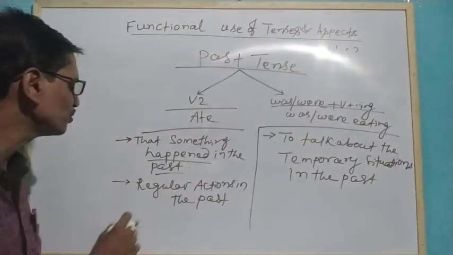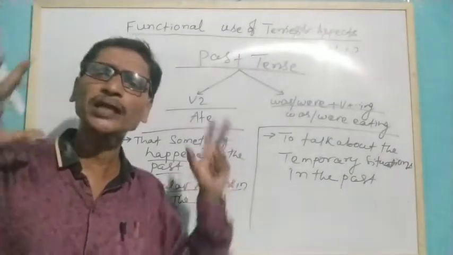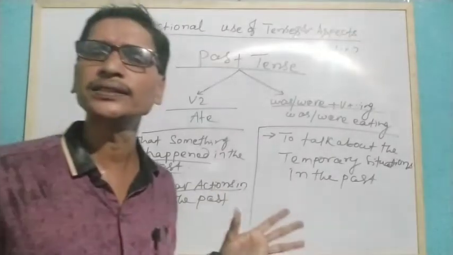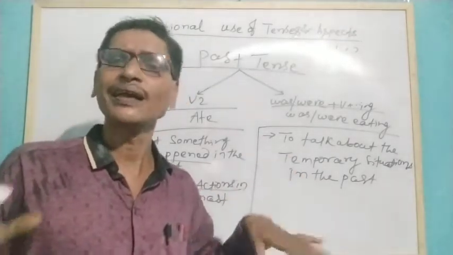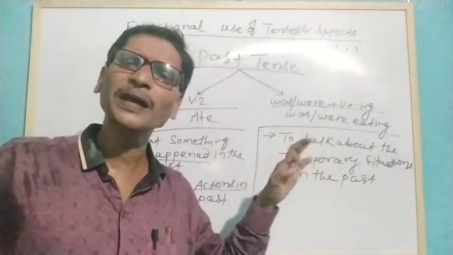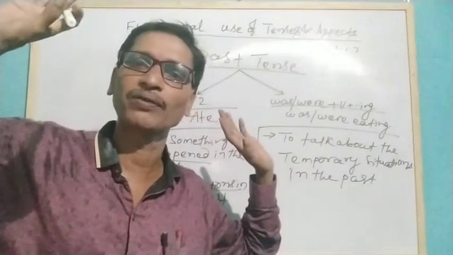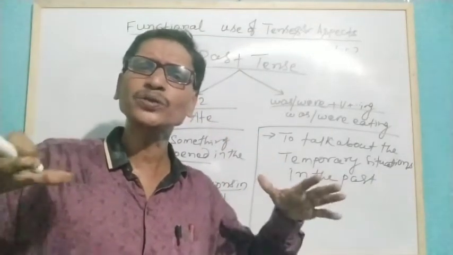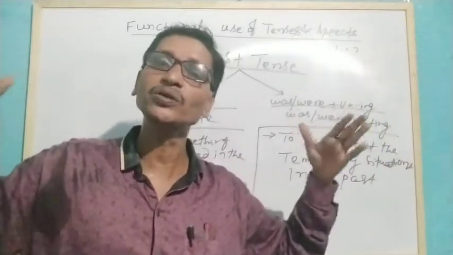We can also use it for regular actions in the past. When suppose I am telling you, when I was a UP school student, every day I played cricket with my friends in our school playground. Okay, so when I was a UP school student, it was not one day, regularly for several years I continued to play.